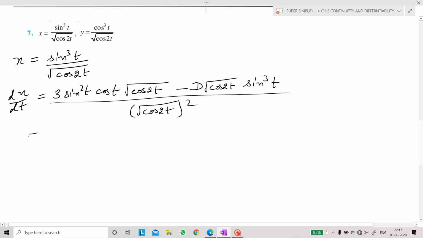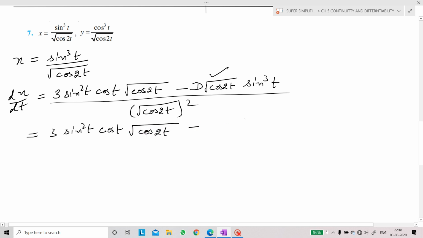So now in the next step we substitute this expression, the derivative of root cos 2t. Now this expression is 3 sine square t cos t into root of cos 2t.